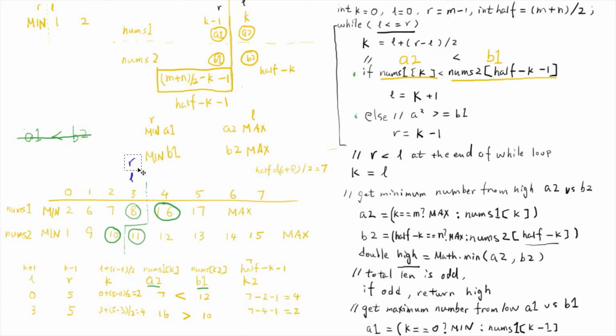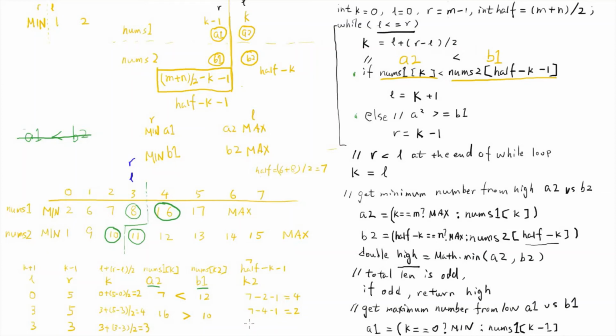So R is here. Now R and L are pointing to the same number. L remains as 3, R is updated to 3, and k will be updated to 3 plus 3 minus 3 divided by 2, which is equal to 3.